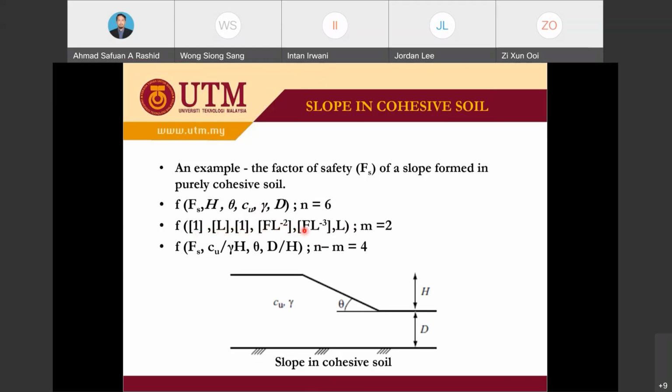F is already counted, L, and it doesn't contain T. So the number of primary dimensions m is equal to 2. So 6 minus 2 becomes 4. So we need to derive 4 dimensionless equations.